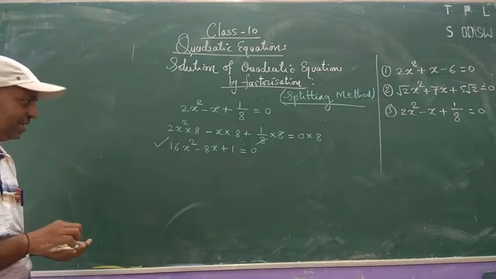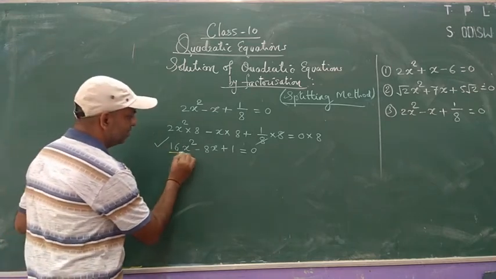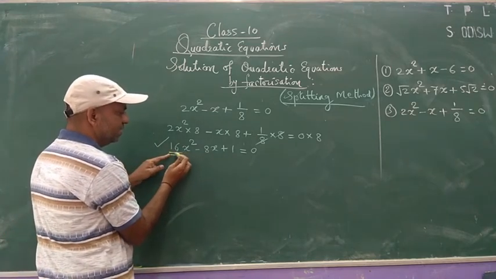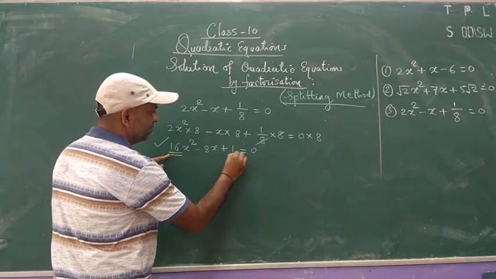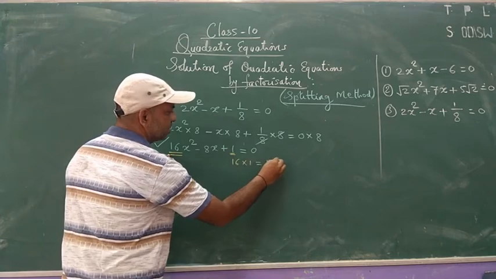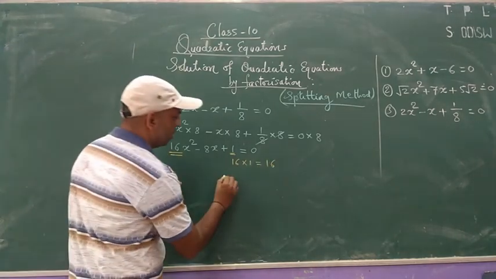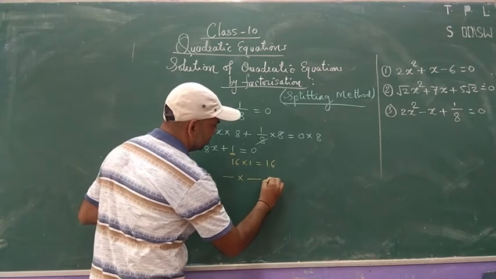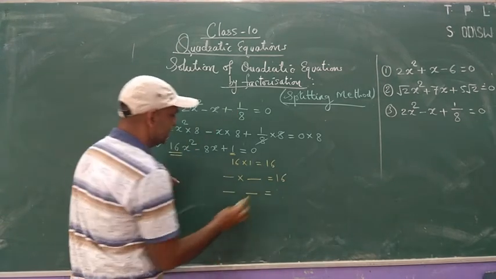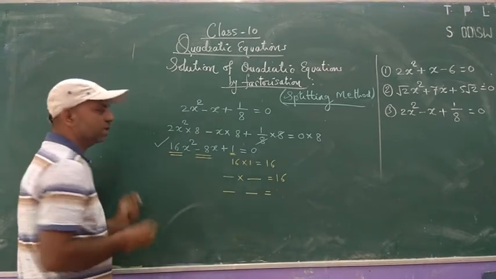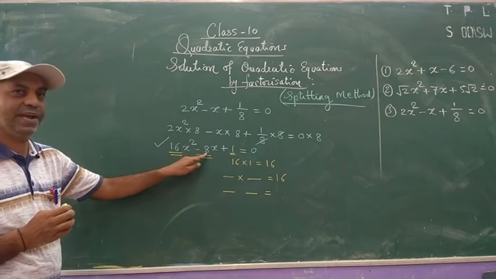Okay. Then, just to find their roots, multiply the first coefficient term, that is the coefficient of x square, that is 16, into the last term 1, we get product 16. Now what are the two numbers whose product is 16 and whose addition or subtraction gives the middle term? What is the middle term here? That is the coefficient of x, minus 8.